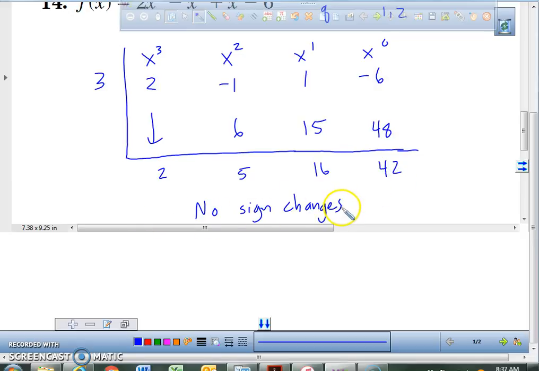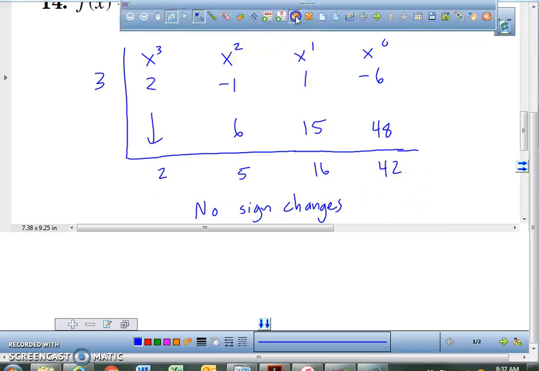Notice there's also no sign changes as well, but which number was less? What did we have over here the first time? You had an 8. So even though technically 3 could be an upper boundary, the number 2 is a better answer because over here is a smaller number and there's still no sign changes.